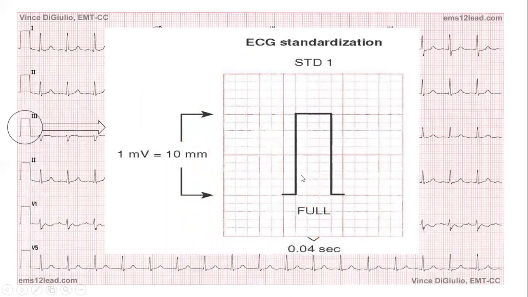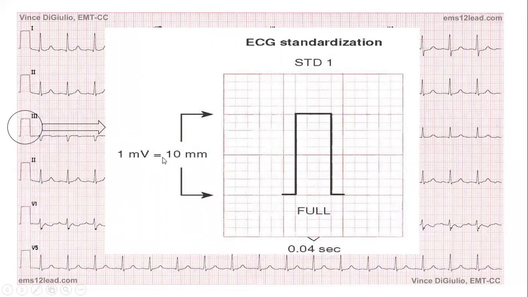We know, as we just said, that 1 big box equals 0.5 millivolts, which means that 2 big boxes will be 0.5 times 2, which is 1. So your ECG standardization should be 1 millivolt going up. And also in terms of height, 1 big box equals 5 millimeters. Therefore, 2 big boxes will be 5 millimeters times 2, which is 10 millimeters.